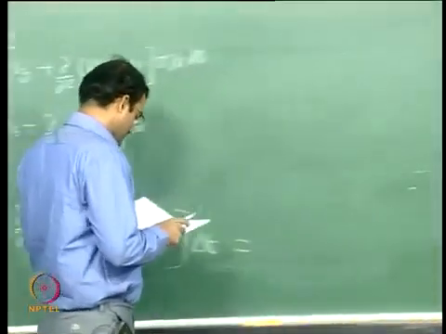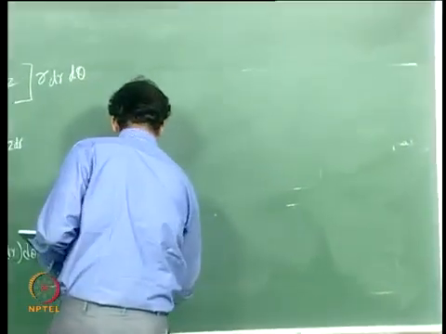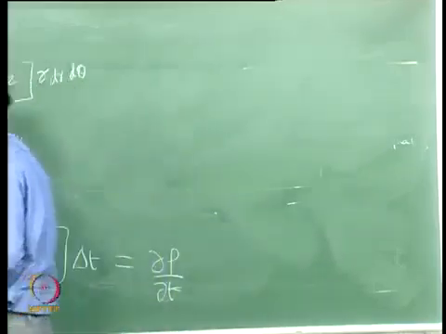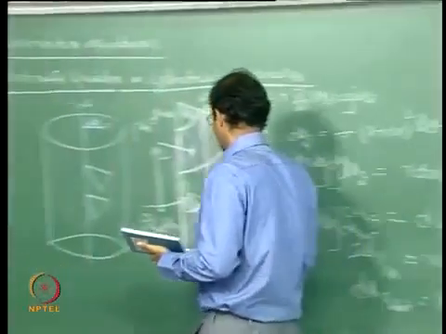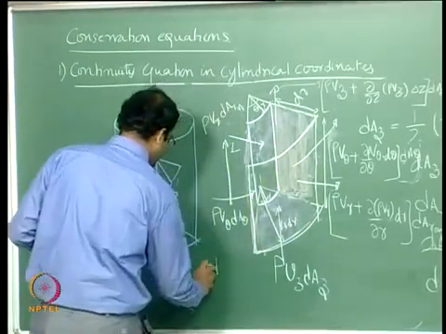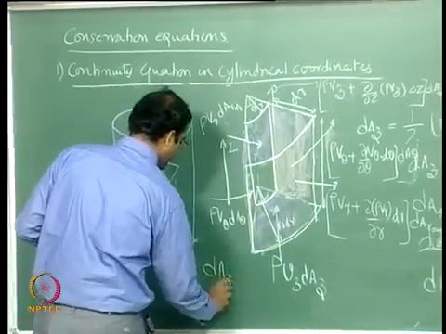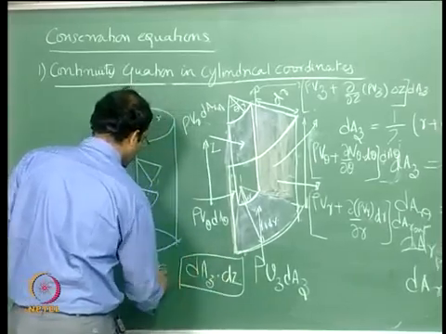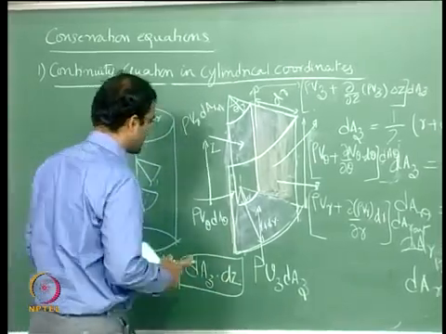That will give me the change of mass inside the control volume, that is d rho by dt into the control volume. Here if you look at, this will be dAz into dz. So this will be the total differential volume of this control volume.